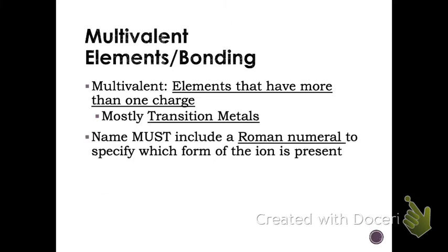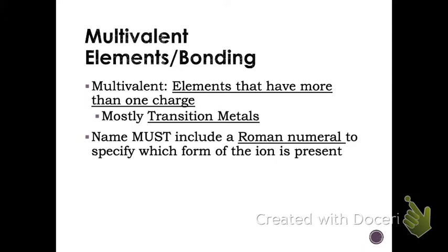One thing that has to happen is that the name has to include a Roman numeral in order to specify which form of the ion is in the compound. So for example, here's part of the problem.